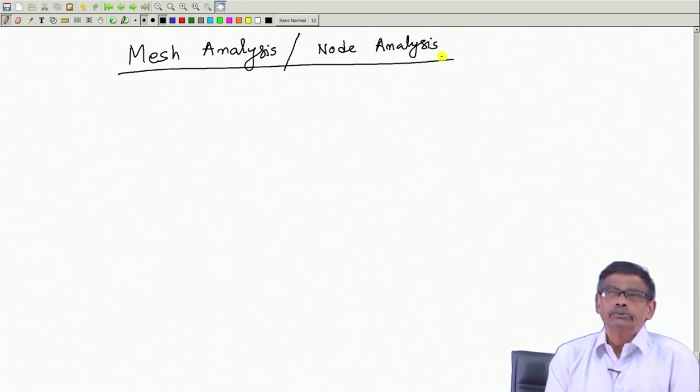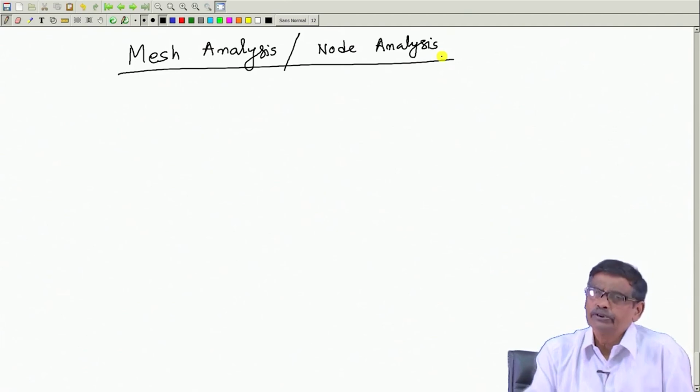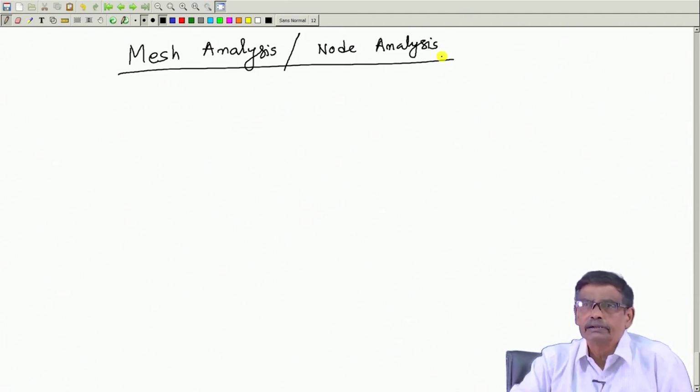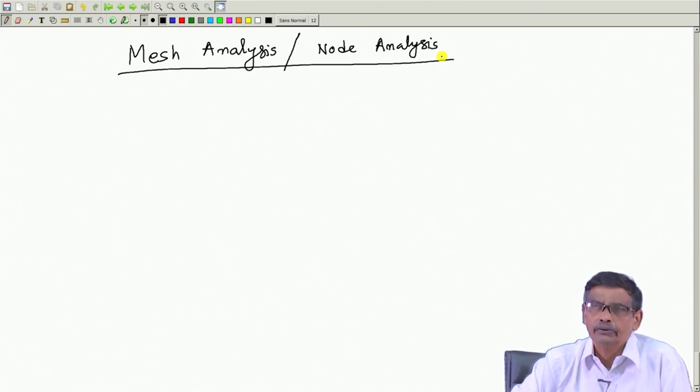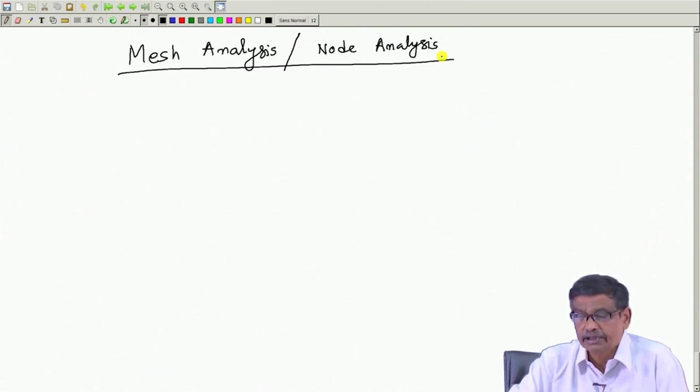And these two I will first do assuming your sources are of constant values, that is DC. If it is a voltage source, no time varying thing. Of course, that restriction we will remove after a few lectures.